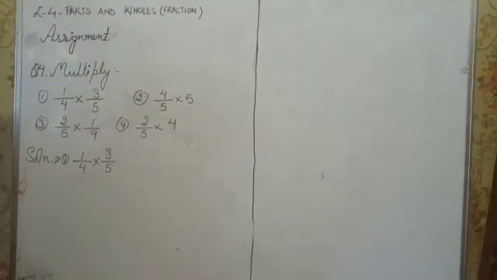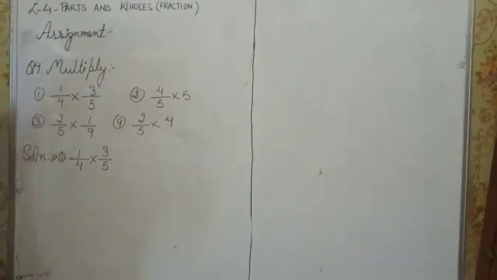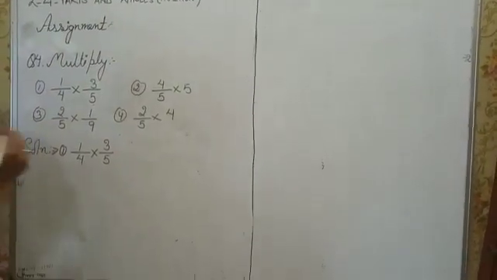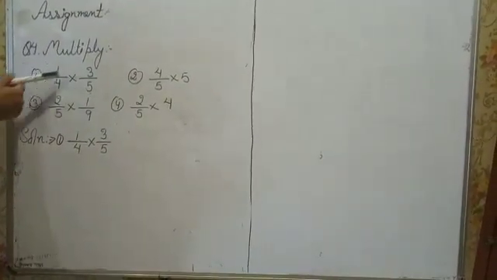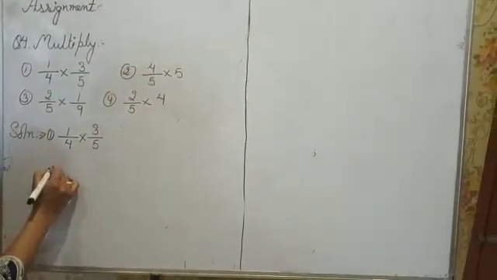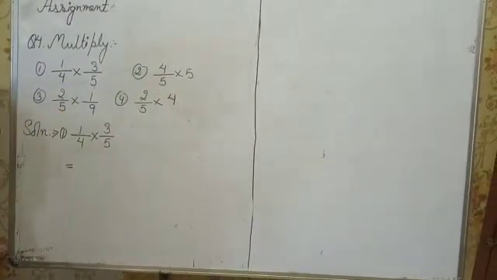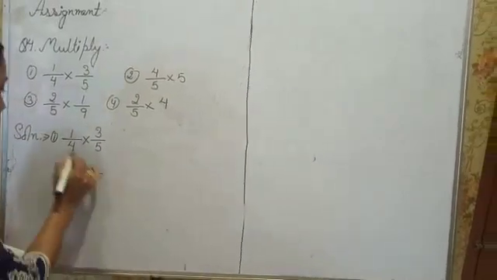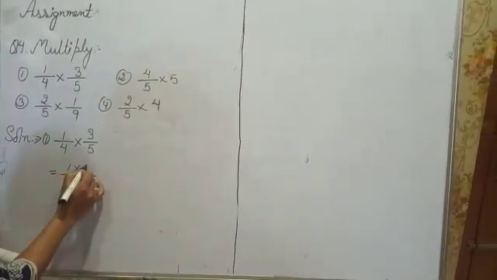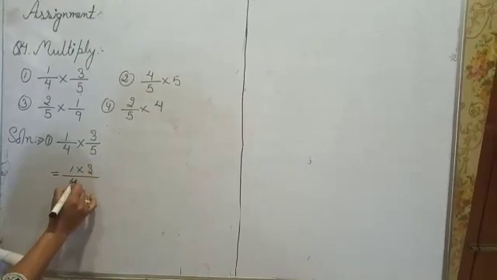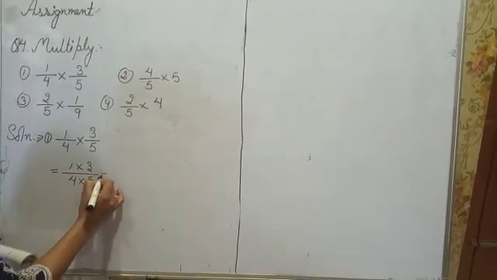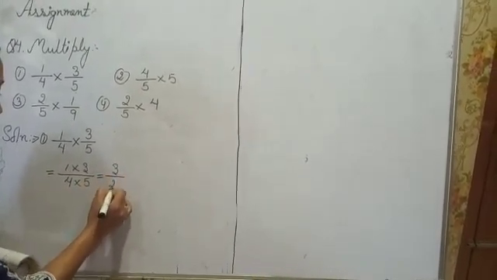To do this, we have to multiply the numerators and denominators separately. So the numerator is 1 into 3 and the denominator is 4 into 5, that is 3 by 20.